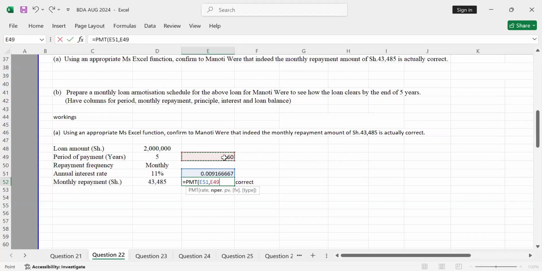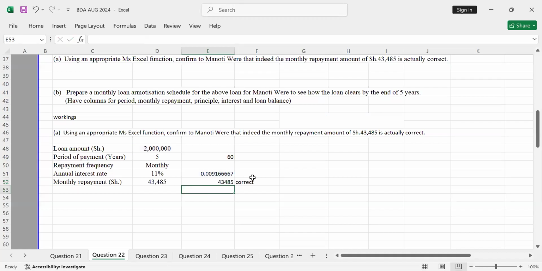Then, comma, we also have the present value, just our loan amount, which in this case is 2 million, and you put comma. Then you press enter. Once you do that, it will appear as a negative. For it not to appear as a negative, because it's supposed to be a positive value, you make sure that you start with a negative sign.